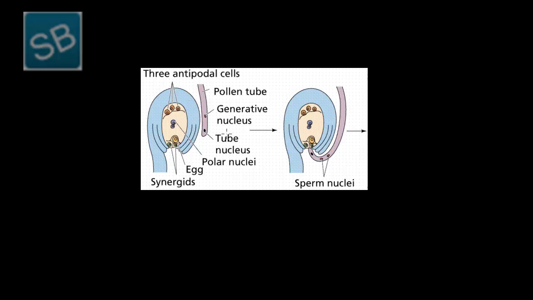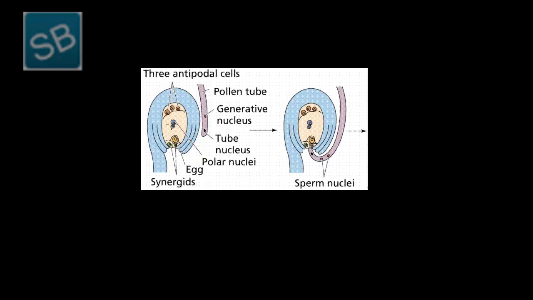As can be seen from the figure, this figure depicts the structure of an embryo sac that contains 3 antipodal cells, which is exactly opposite to the embryo sac opening, that is the micropyle. These 3 cells are known as micropylar cells, out of which there occurs 2 synergid cells and 1 egg cell.